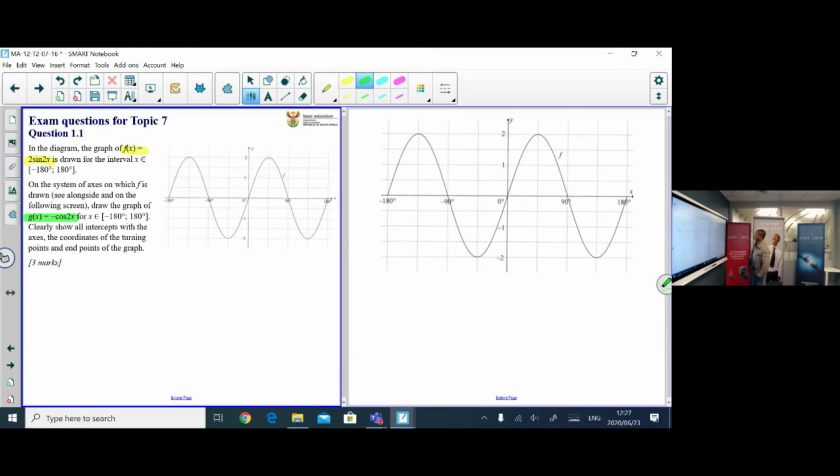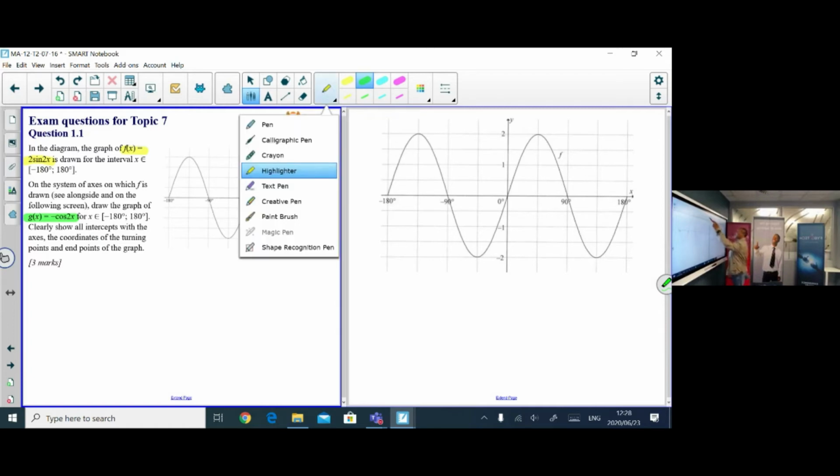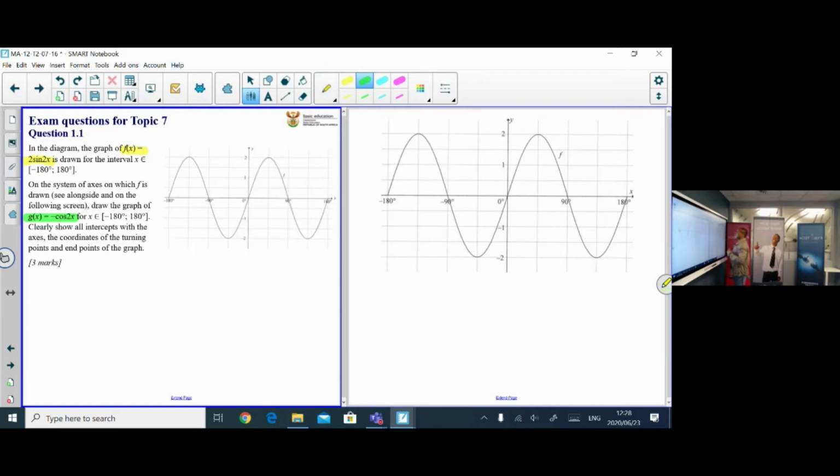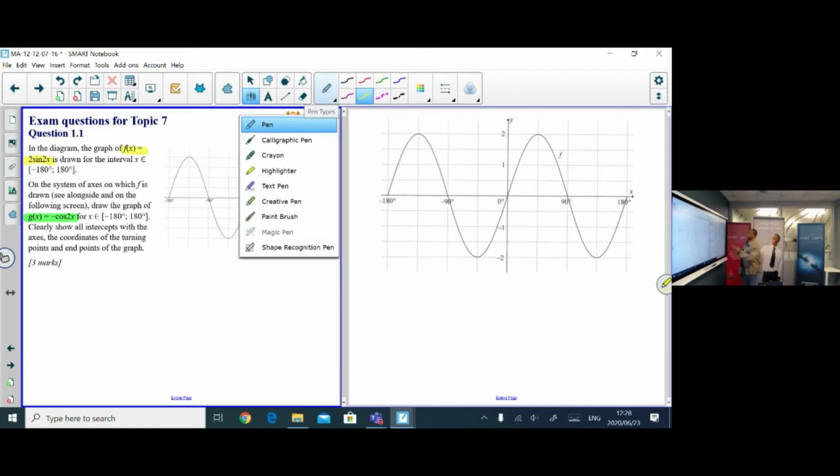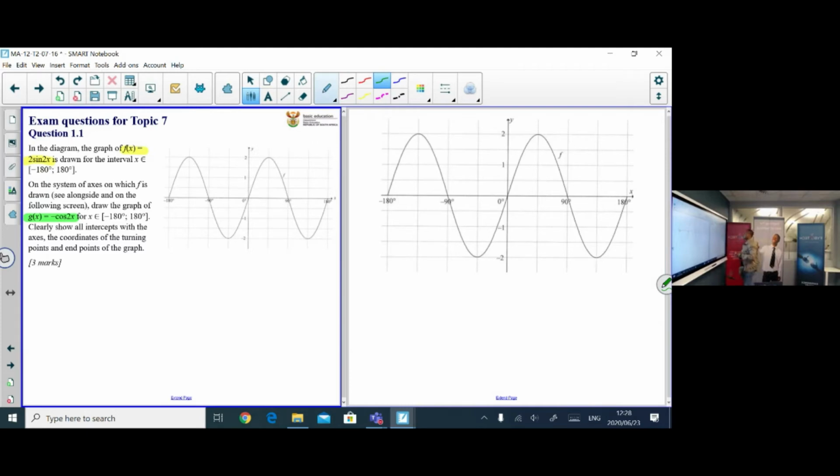But a few hints here and there: if you check the graph of f of x that we started with, you will notice that it is having a 2, so it's f of x equals 2 sine 2x. So these two affect what we call the amplitude.